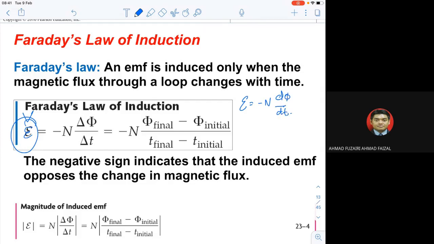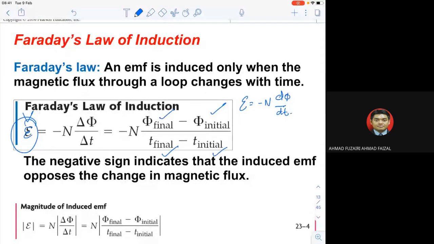N is the number of loops, or number of turns of the wire. And delta flux is the flux final minus flux initial, or t final minus t initial. So that is how we can interpret the delta.